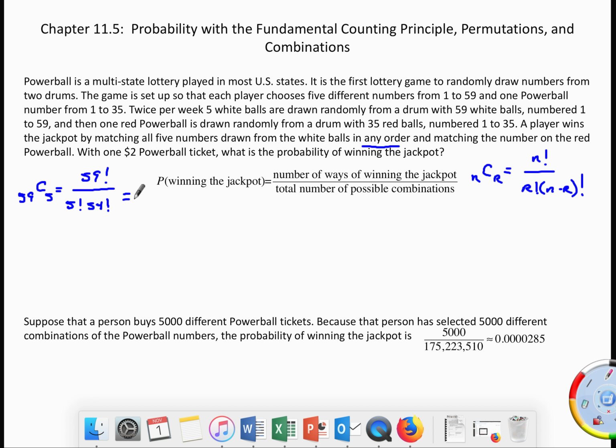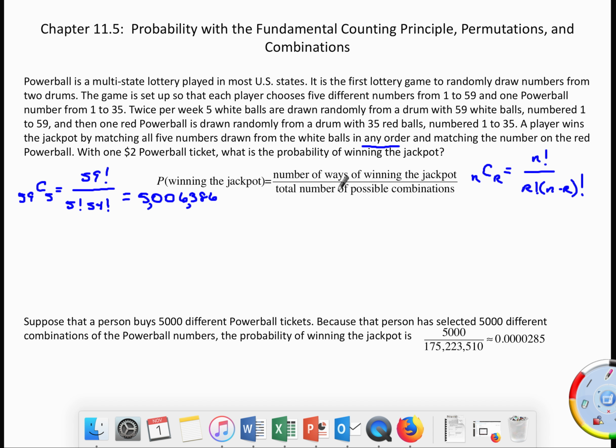That is 5006386, or in other words, 5,006,386 different ways you can choose 5 numbers out of 59 numbers.